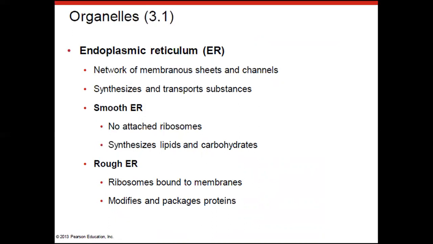And they modify and package proteins. Proteins are synthesized in the nucleus and sent to the rough ER to modify and package those proteins. So the site of protein synthesis is often listed as the rough endoplasmic reticulum.